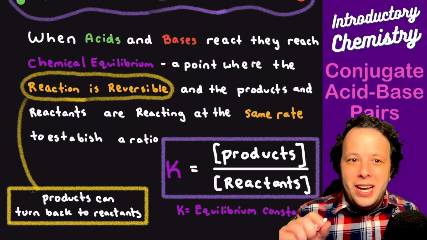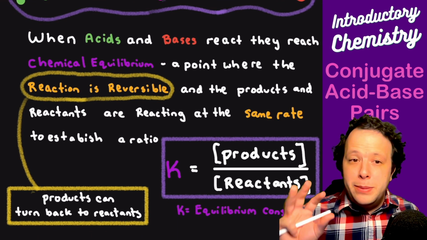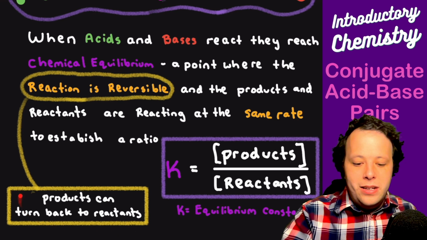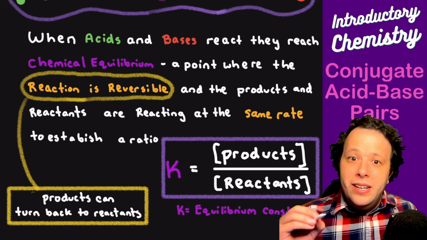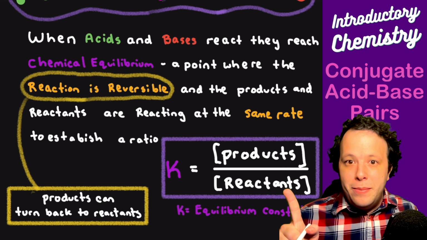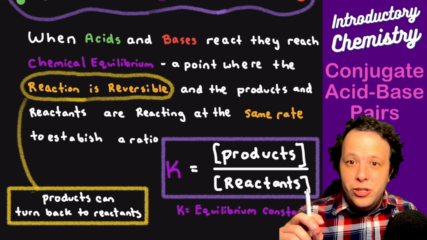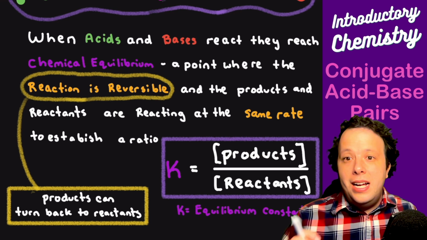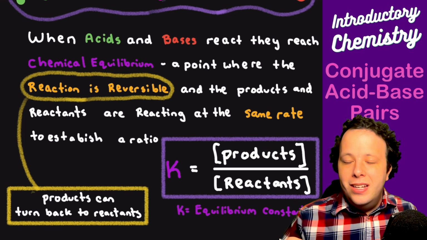Now, whenever we have products that can possibly turn back into reactants, going backwards, we can actually use an equilibrium constant to describe it, especially when we're talking about solutions and gases. This constant is called a K value. It takes the concentration of the products and divides it by the concentration of the reactants.